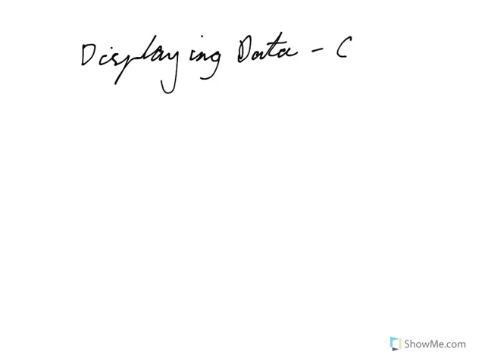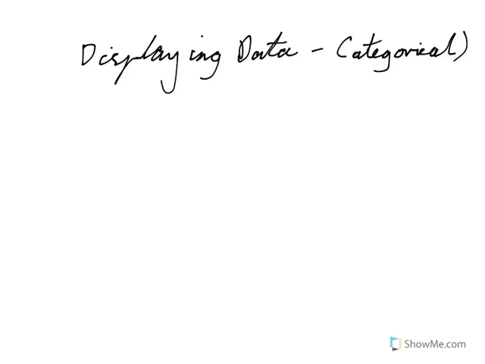All right, so now we're going to look at displaying data. There's a number of different ways, and in this first bit we're looking at just categorical. We'll get to the numerical in a later lesson.